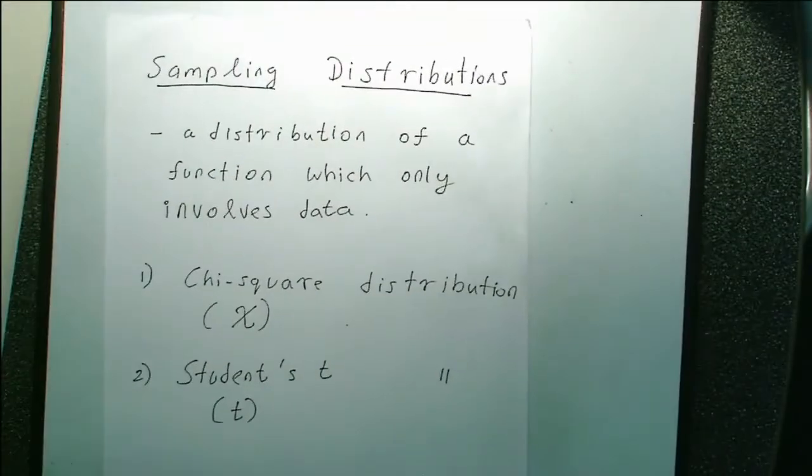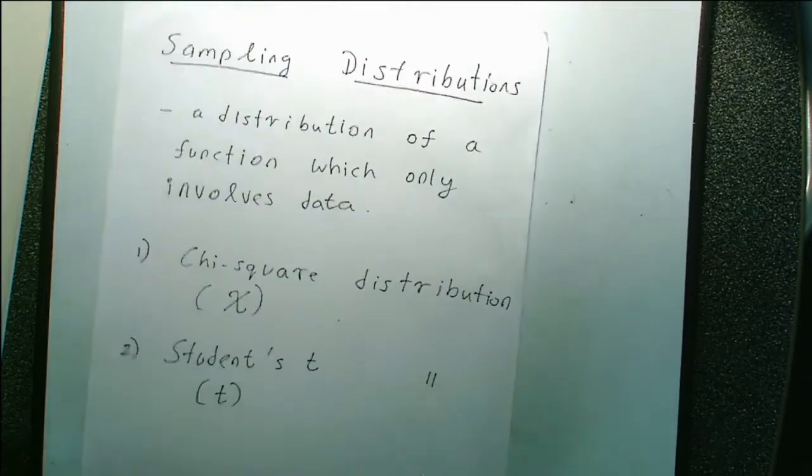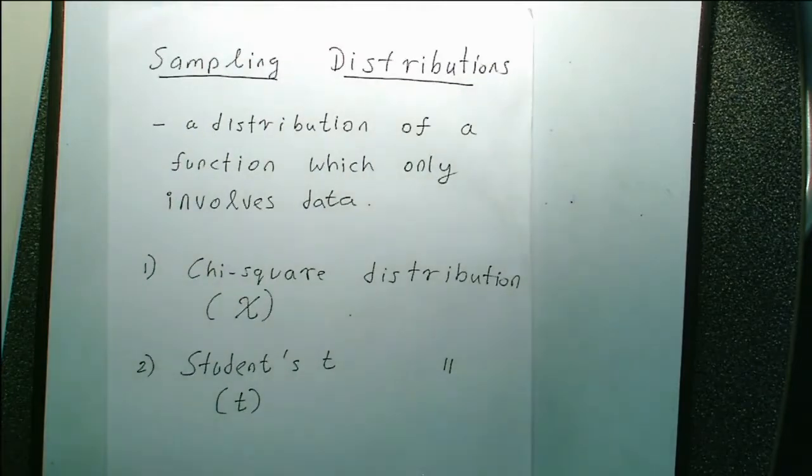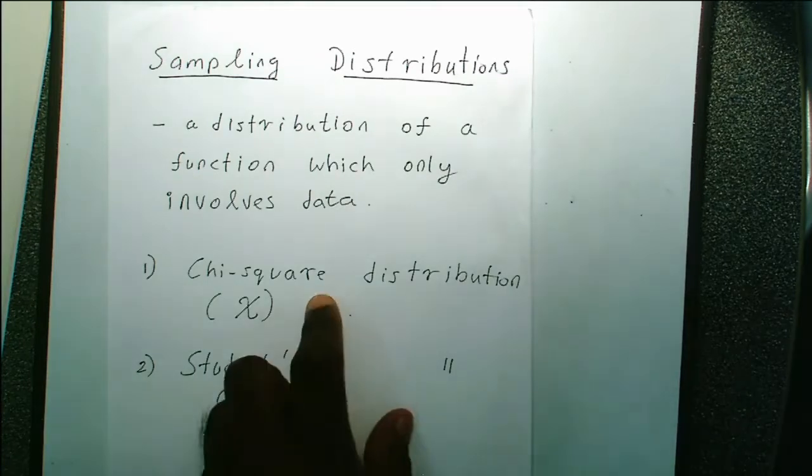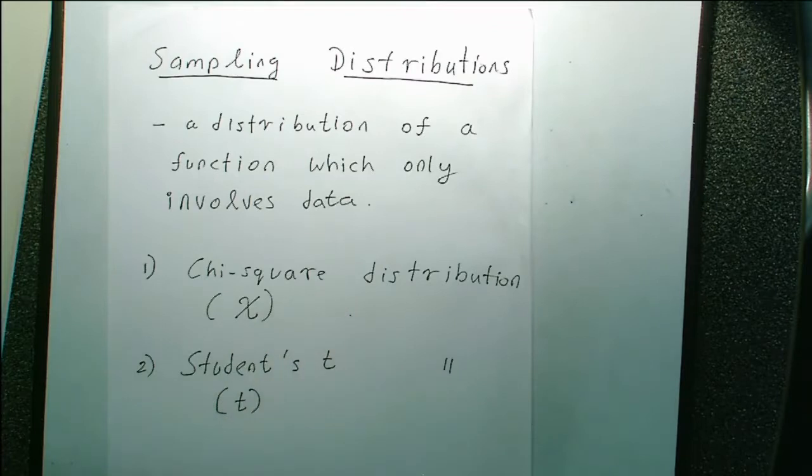Sampling distributions are distributions that arise through functions of data, right? And in this course, I shall talk about 2 sampling distributions. The first one is known as the chi-squared distribution, and the second one is known as the student's t distribution.